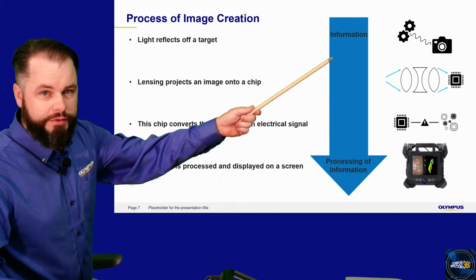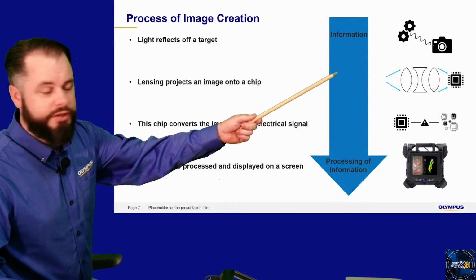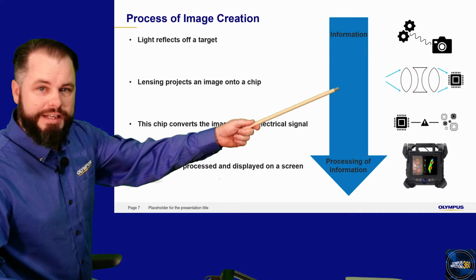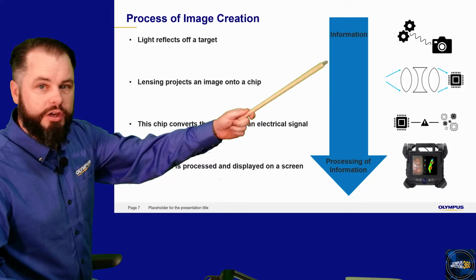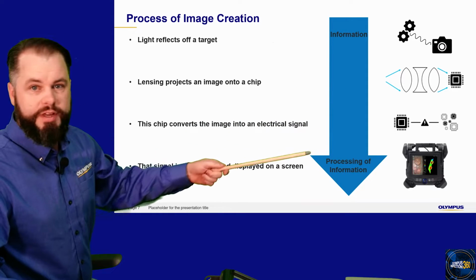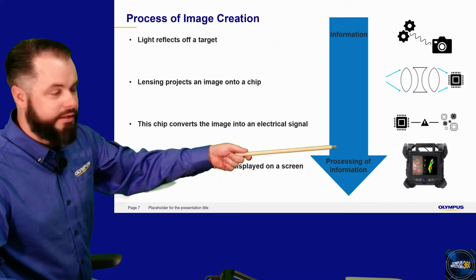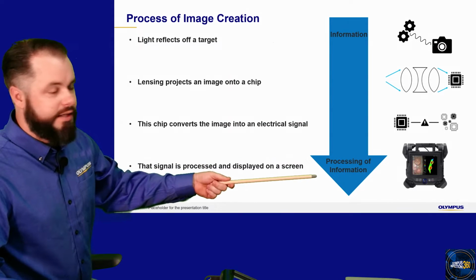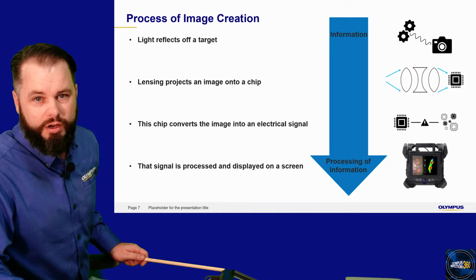The reflection off of the target is where the image's information originally comes from. The lensing then uses that information to project the image onto the chip. The chip then uses the image information from the lensing to generate the signal. That signal is then used by the post-processor to generate the image on the screen.